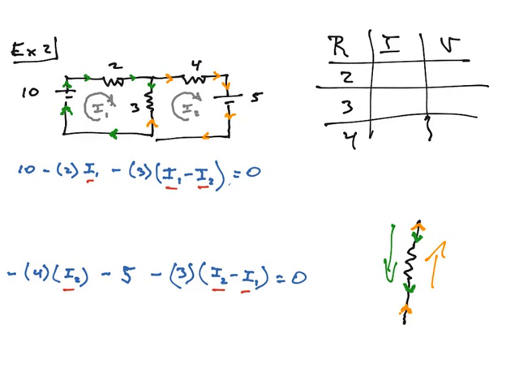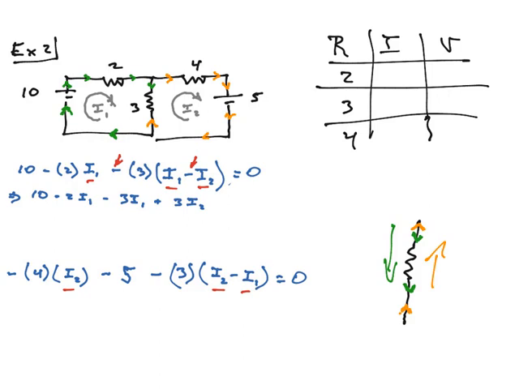So let's do it. First thing I'm going to do is take this first equation and simplify it a little bit. I'm going to distribute everything out so we can see all the terms. We've got 10 minus 2i1 minus 3i1 plus 3i2. Notice here, negative times negative makes it positive. Don't make a mistake here, especially on a test when you're rushing, to forget negative times negative is positive.